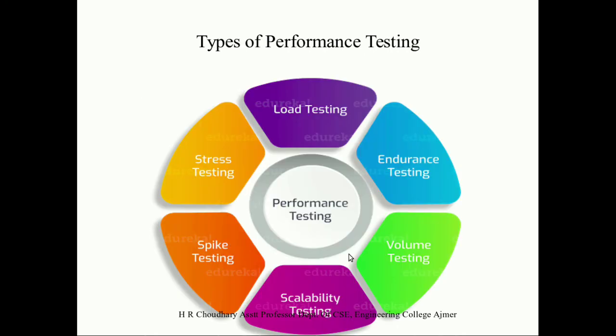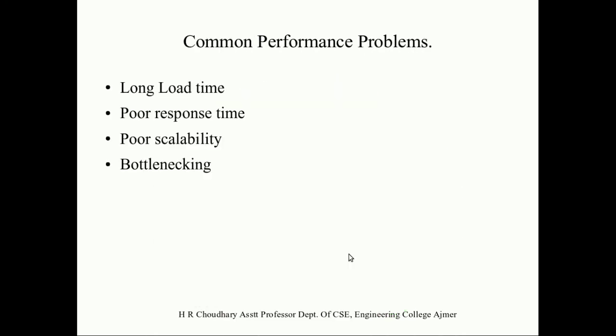Now we move forward to the common performance problems in performance testing. What are the different kinds of problems? So we can look here: long load time, poor response time, poor scalability, and bottlenecking. These are the problems basically. So we start with long load time. Most performance problems revolve around speed, response time, load time, and poor scalability.